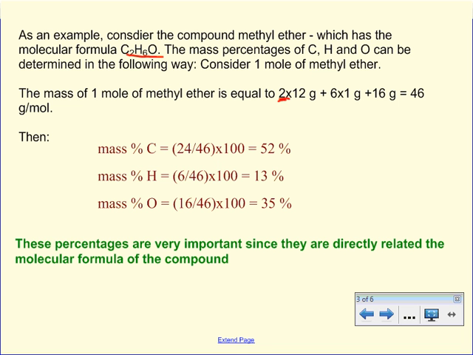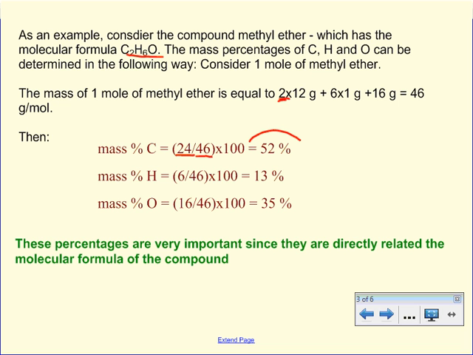Then, to get the mass percentage of each element, I just divide the mass of each atom by the total mass. So carbon, I had 2 atoms, or in this case 2 moles of carbon, which is 24 grams, divided by 46 grams for the total, times 100.